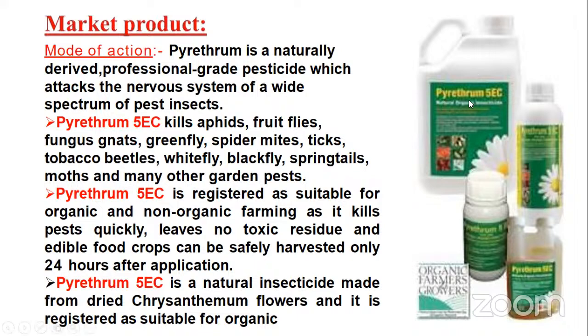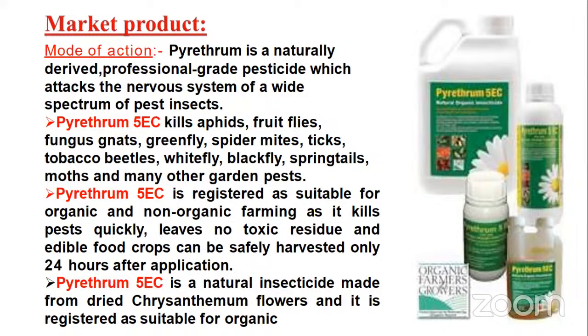You can see here pyrethrin 5EC. The market product is naturally derived from the flowers of chrysanthemum, and it is a professional grade pesticide which attacks the nervous system of a wide spectrum of insects. Pyrethrin 5EC kills aphids, fruit flies, fungus gnats, and many other insects.